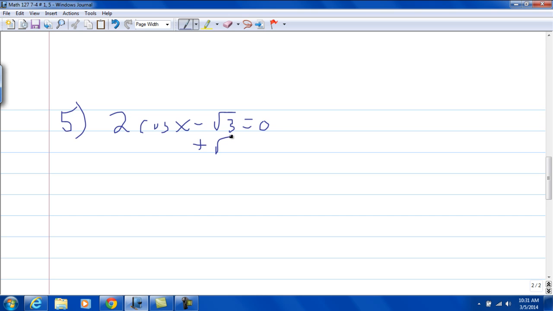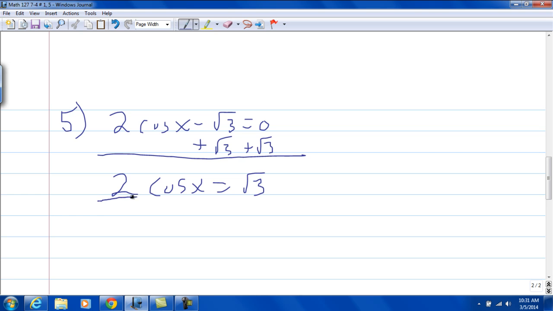We're going to add the square root of 3 to both sides. 2 cosine of x equals the square root of 3. We'll divide both sides by 2. Cosine of x equals the square root of 3 over 2.